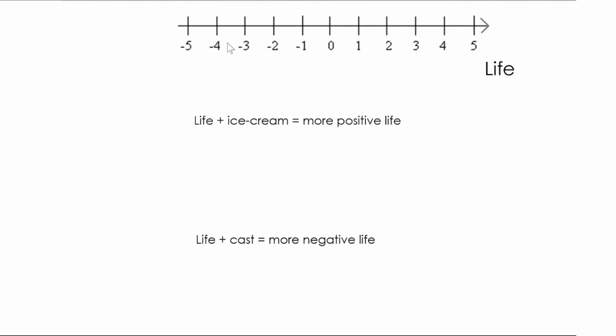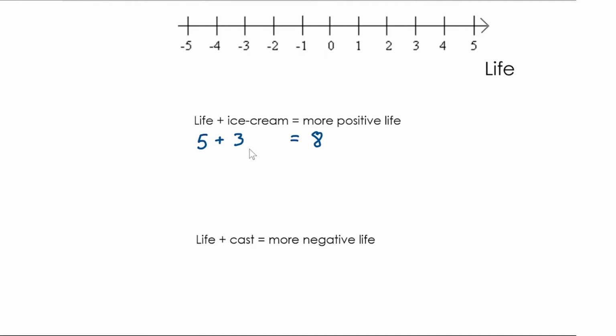So let's say you have your life currently at level 5, and you add to it something positive like an ice cream. And let's say an ice cream gives you 3 points, so it makes your life better by 3 points. And of course, if you make it better by 3, it should now become 5 plus 3, 8.